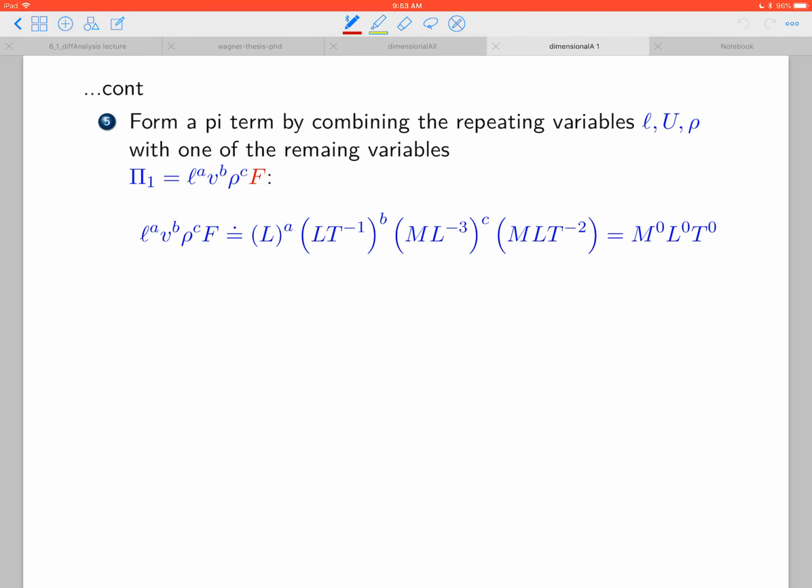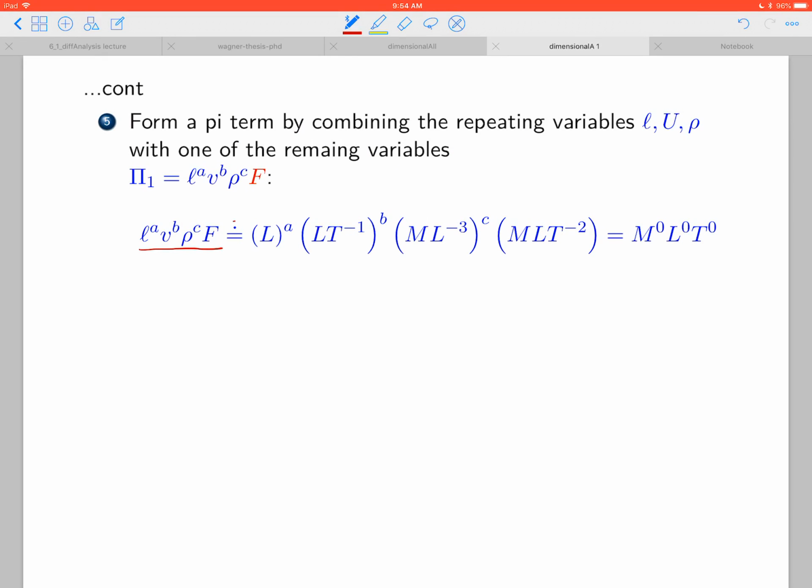In the first case, we combine it with F. So we have length to the power of A, velocity to the power of B, rho to the power of C, and force to the power of 1. The new one is always to the power of 1.